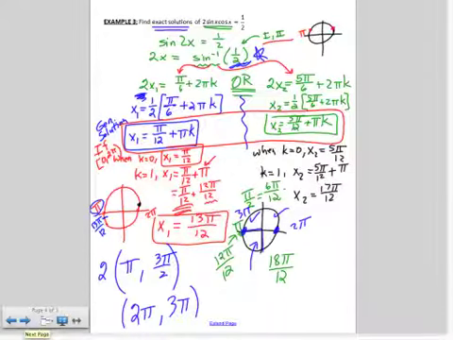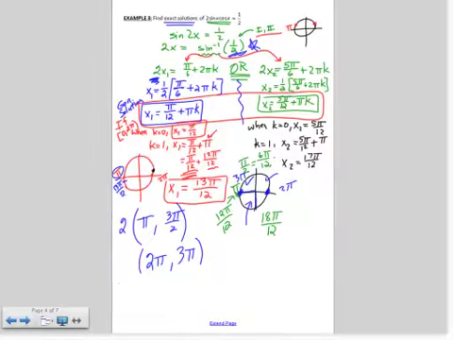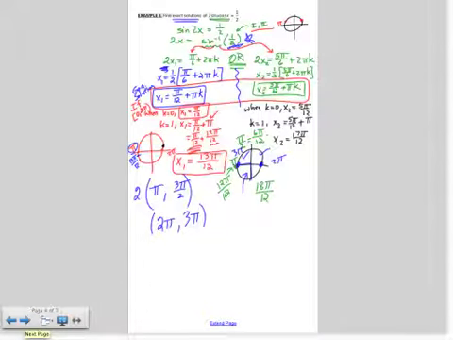Now, one thing I wanted to show you really quickly was we already graphed these functions on our interval. And what does that 2 in this 2 sine x do? Well, it changes the period. So if this is 2 pi, normally we would go like this. That's one period.